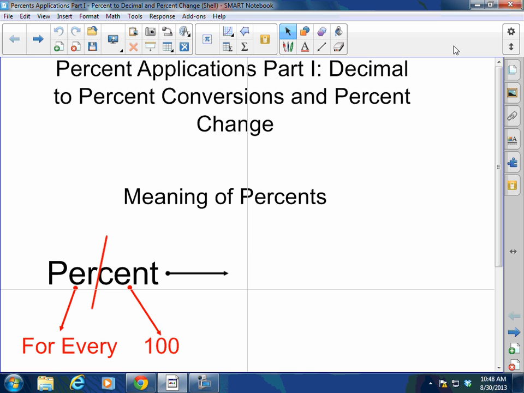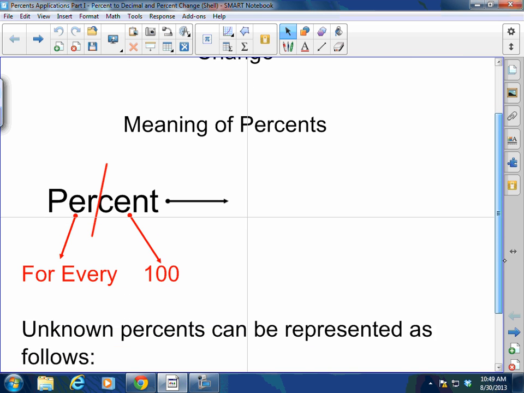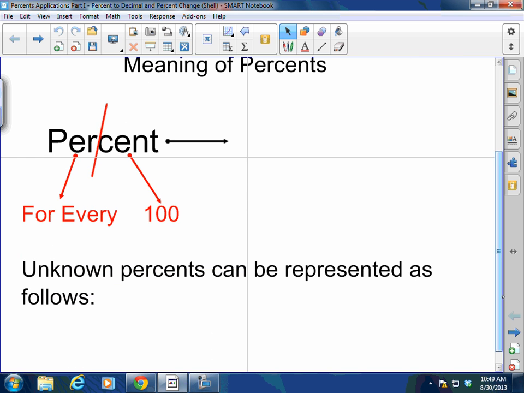So before we get into those two specified parts of percents, let's talk about what percents are. Let's look at the meaning of percents. If you look at the word percent, it's really broken up into two Latin roots of per and cent. Per means for every. One piece of paper per student. That means for every student. 3 slices per person.